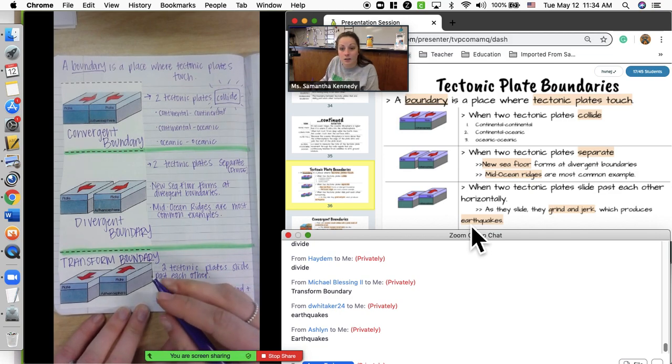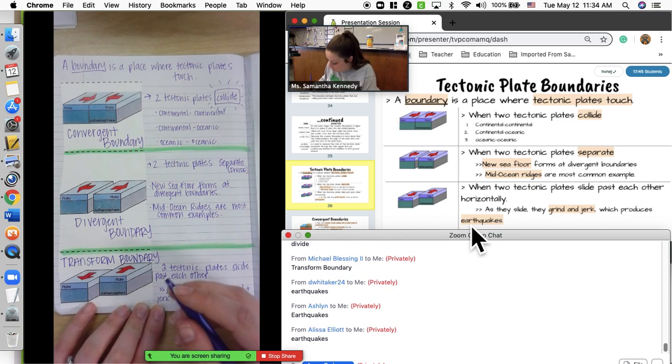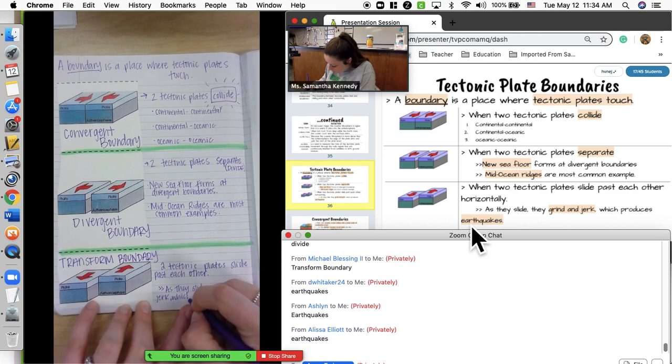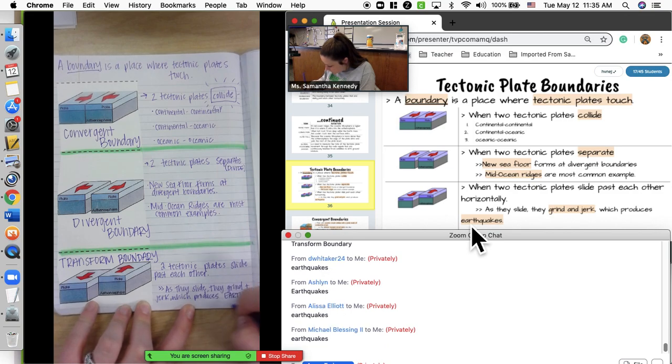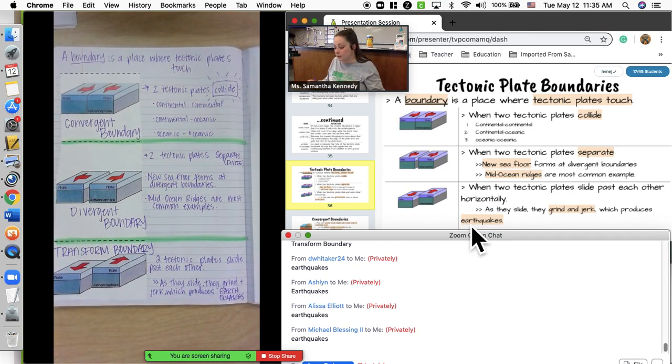Very good. What do transform boundaries produce? All right, beautiful. Very good. So these are going to create earthquakes. Okay.